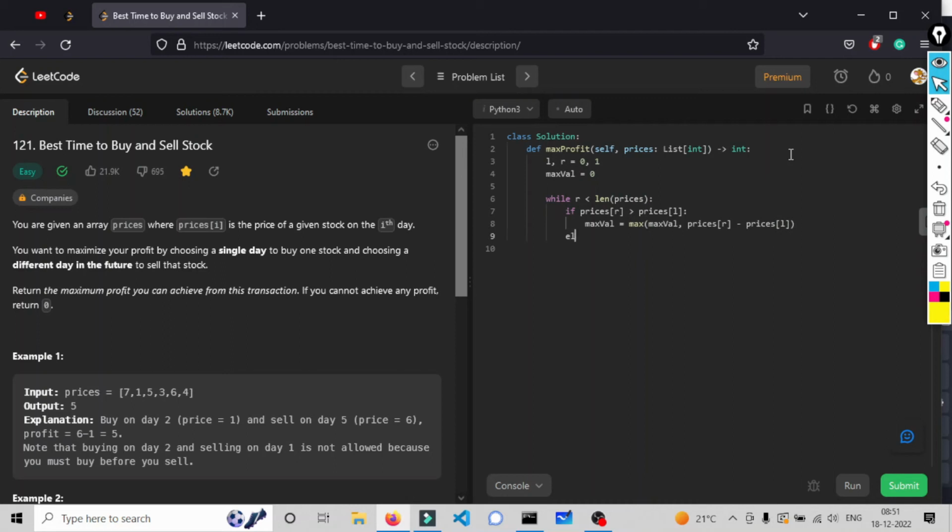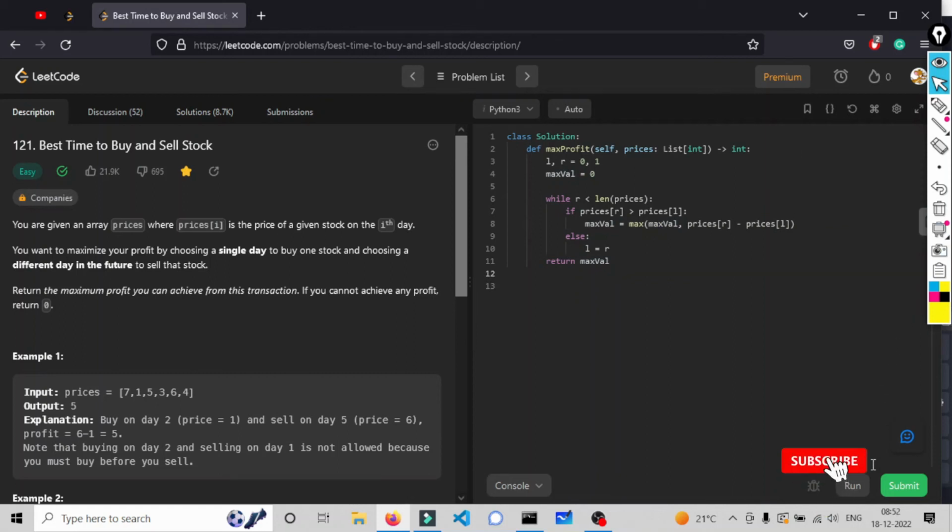Else, we will just shift the left value to the right value. And at the end we will simply return max val.